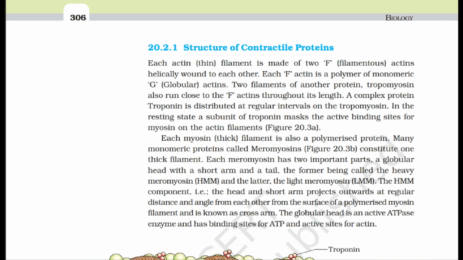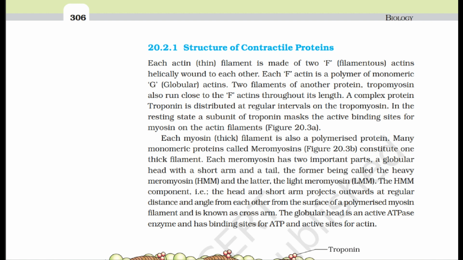Each myosin (thick) filament is also a polymerized protein. Many monomeric proteins called meromyosins constitute one thick filament. Each meromyosin has two important parts, a globular head with a short arm and a tail, the former being called the heavy meromyosin, HMM, and the latter, the light meromyosin, LMM.